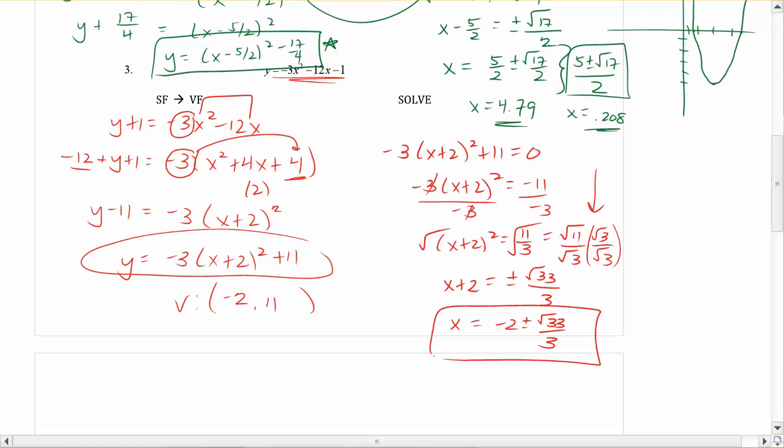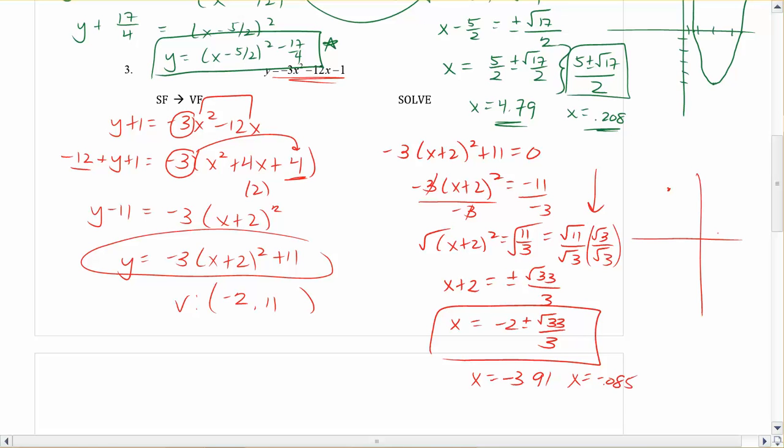Again, you could graph this if we asked you to. I'm not going to do any more of the graphs, but just understand the connection of why we put it in vertex form and why we're solving. If we put it in vertex form, I know straight away my vertex is negative 2, 11, and then negative 2 plus root 33 over 3 is going to be one solution. I did those and got x equals negative 3.91 and x equals negative 0.085.